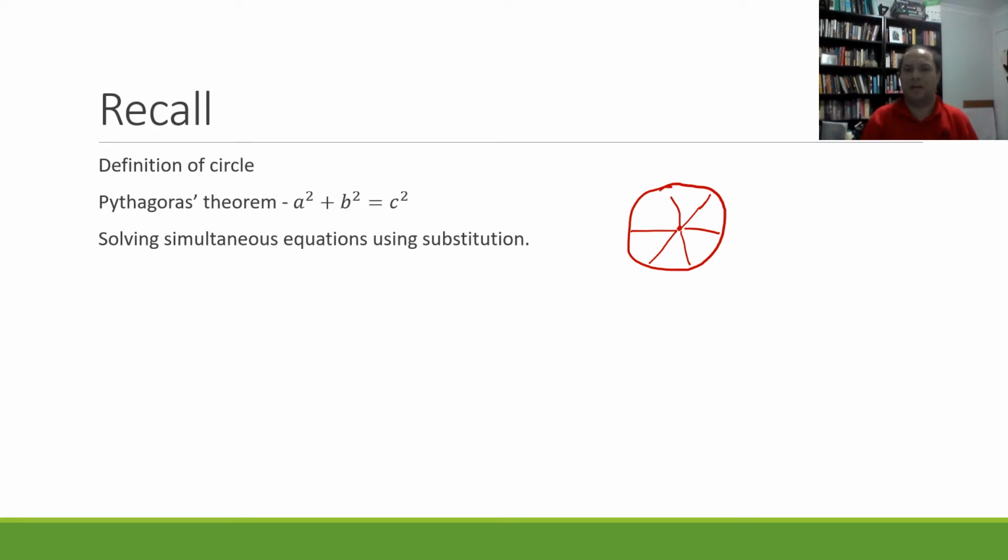That idea will be helpful when we talk about where this formula comes from. Remembering Pythagoras' theorem will be very helpful, and then solving simultaneous equations using substitution. That will be used when we start finding the intersection points between lines and circles.